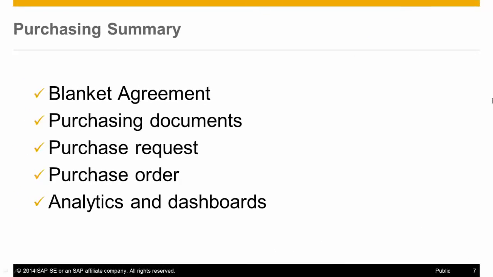In this demonstration, you have witnessed how to effectively manage your purchases in the company. We started with the blanket agreement and the creation of all purchasing documents following it. In the second scenario, we've seen how SAP Business One can automate purchasing processes by using the Purchase Quotation Wizard to create multiple documents while generating an email to your vendor for immediate updates.